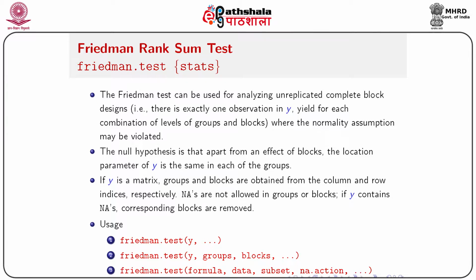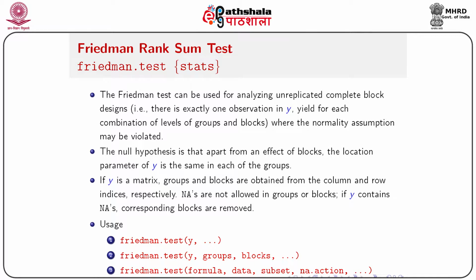The null hypothesis is that, apart from an effect of blocks, the location parameter of Y is the same in each of the groups. If Y is a matrix, the groups and the blocks are obtained from the column and the row indices respectively. The NAs are not allowed in groups and blocks. If Y contains NAs, the corresponding blocks are removed.